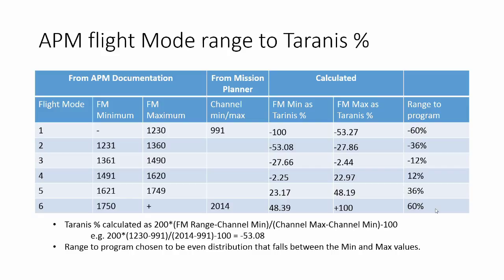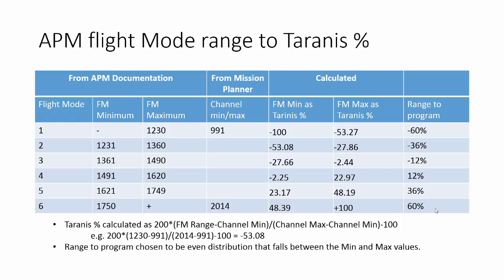I'm then dividing the 230 by my 2,000 minus 1,000, which would be 1,000. 230 divided by 1,000 will give me 0.23, and then multiplying that by 200, which will give me 46, and then subtracting 100 from that, which will give me minus 54, roughly. So I'm going through each of the APM documentation microsecond values and getting the percentage.